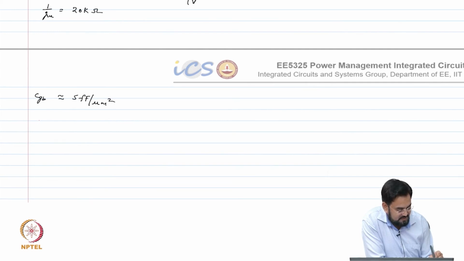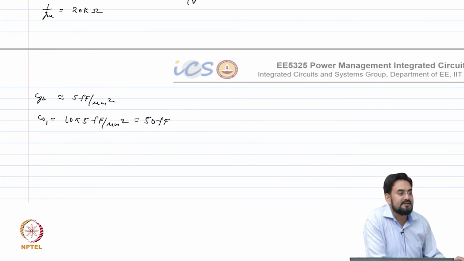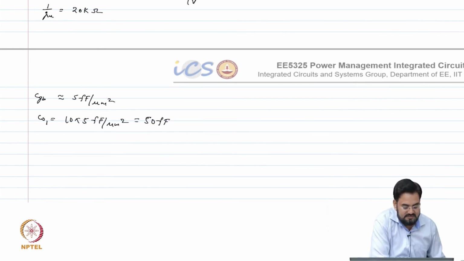So, CO1 I would say, CO1 is 10 times 5, which is roughly 50 femtofarad. Okay. So, 20K and 50 femtofarad, that will give you the pole.